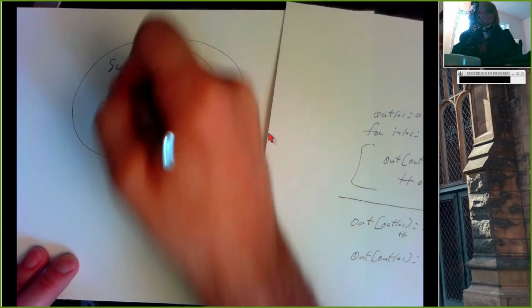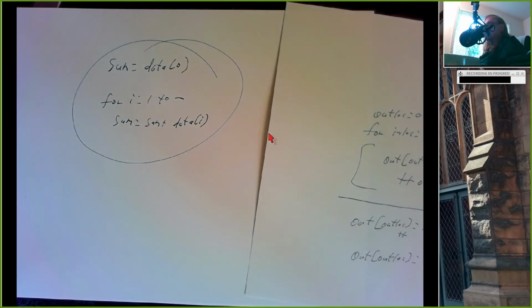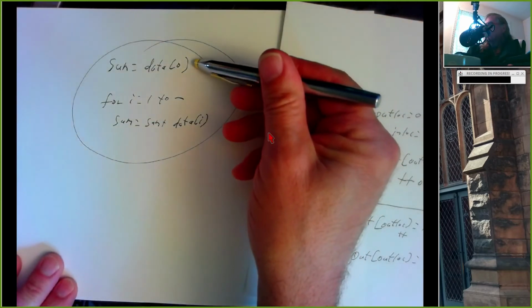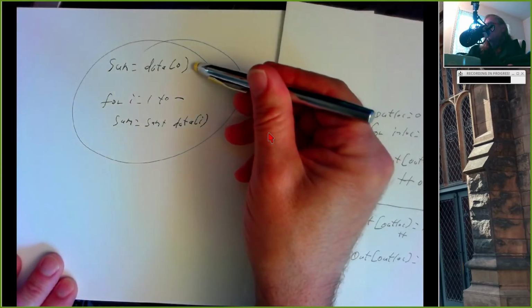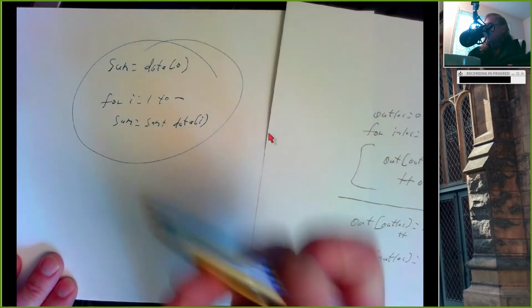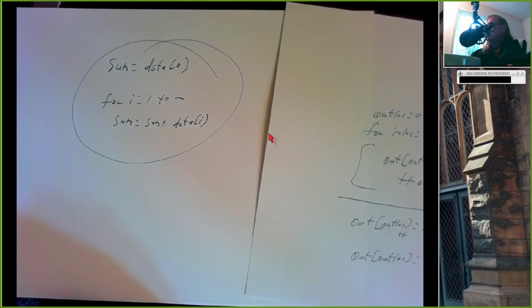This code would break if your data array contained no numbers, right? Because I'm assuming I have at least one number which I'm using to initialize my sum to. And so an edge case for this algorithm would be the case where the array had a length of 0. So it's something that happens infrequently or uncommonly, but it's also something that breaks an assumption that you've made in your code, perhaps, right?